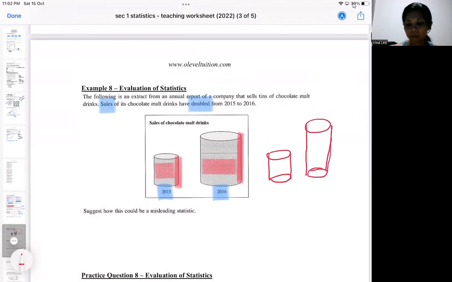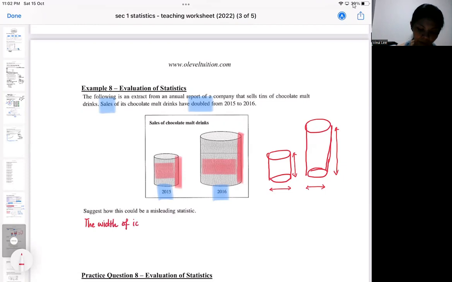My diagram is a bit not nice. So you should keep the width the same. Only the height should be the one showing you that it doubled. So how can this be a misleading statistic?